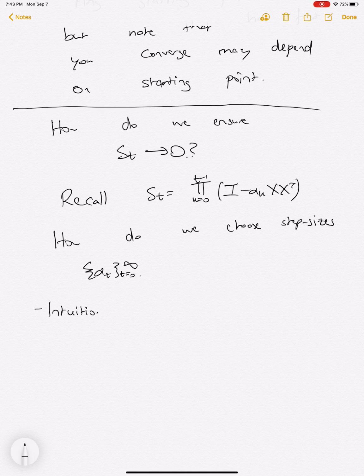And so one condition that we want is to ensure that alpha k should be less than or equal to 1 over the maximum singular value of XX transpose, to make sure that all of the eigenvalues stay, or I should maybe use the term eigenvalue.